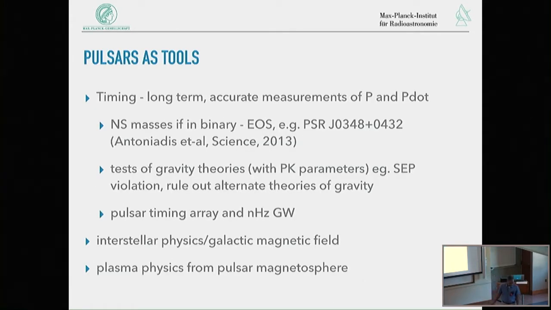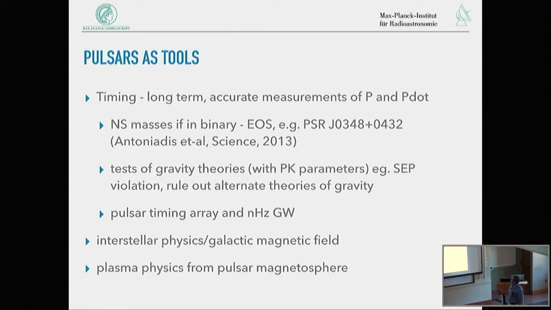So how do you use these objects as tools to do fundamental physics? These are very stable rotators, so the long-term monitoring of these objects is called pulsar timing, and that involves accurate measurements of the pulse period and the period derivative, the P dot.